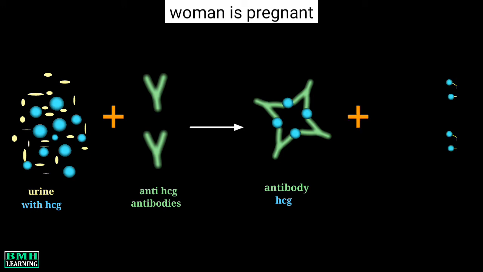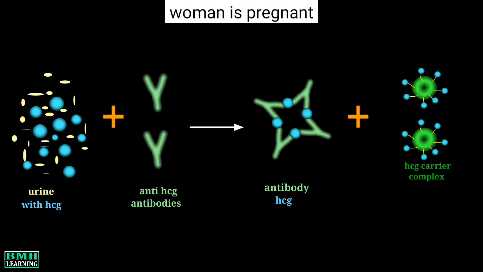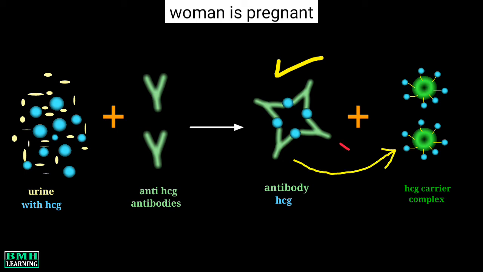In the next step, the second reagent, that is the HCG carrier complex, is added into the mixture. Now what would happen? We know the antibody can bind both free HCG as well as the HCG carrier complex. Since HCG molecules were already present in the urine, all the antibodies added got engaged with them. So therefore, no antibody was free to bind with the HCG carrier complex.